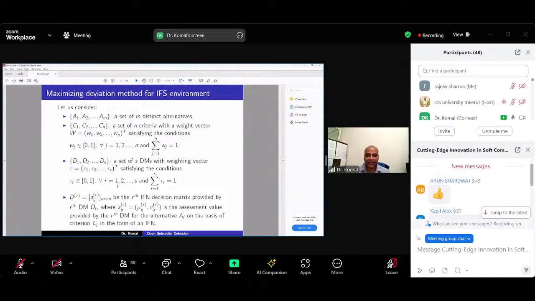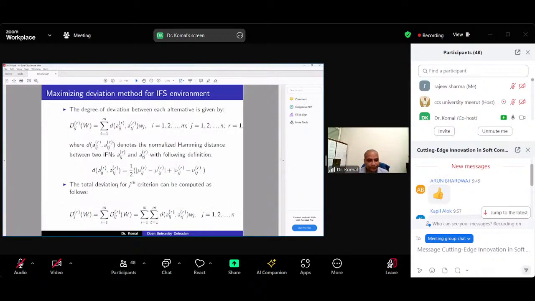And here Aij^R is given in terms of membership and non-membership grades, because I am using intuitionistic fuzzy numbers here. If you are using Pythagorean fuzzy numbers, they will be Pythagorean fuzzy numbers; if you are using picture fuzzy numbers, they will be picture fuzzy numbers, and so on. So we have this kind of information, and using it, the aim is to find out the decision maker weights and criteria weights.